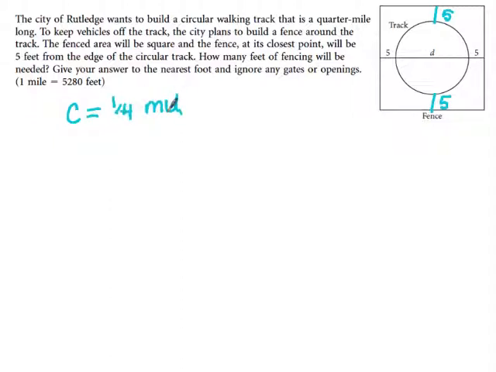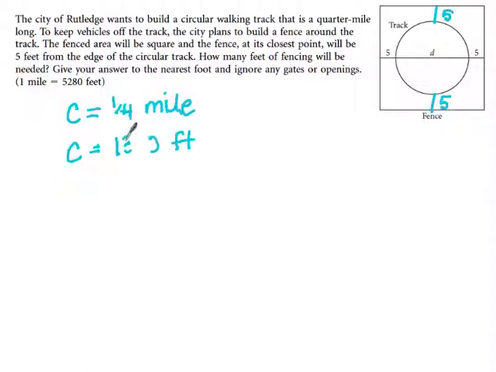Well, if you notice, they want fencing in terms of feet, right? Well, I know that 1 mile is 5,280 feet. So how much would a 1/4 mile be? 1,320 feet would be the circumference. Sorry, we'll erase that and put a 2 there.